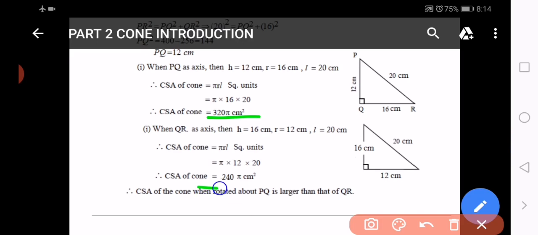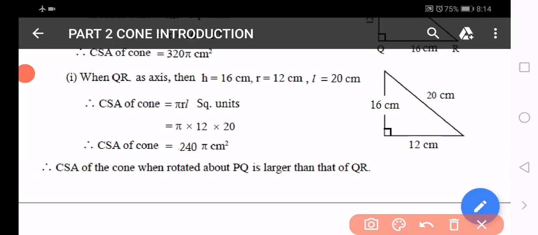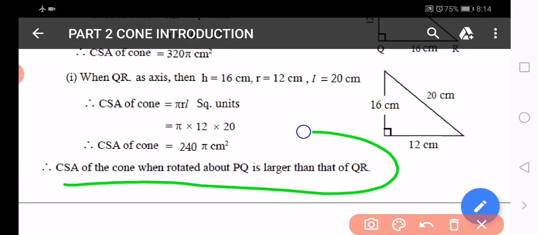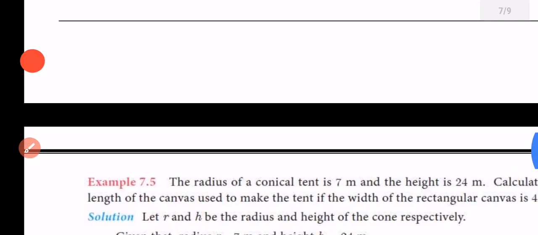The curved surface area of the second cone is 240 pi centimeter square. So which one is larger? Therefore, the curved surface area of the cone when rotated about PQ is larger than that when rotated about QR. It is enough, this sentence. It can be omitted, or write it in full, no problem.